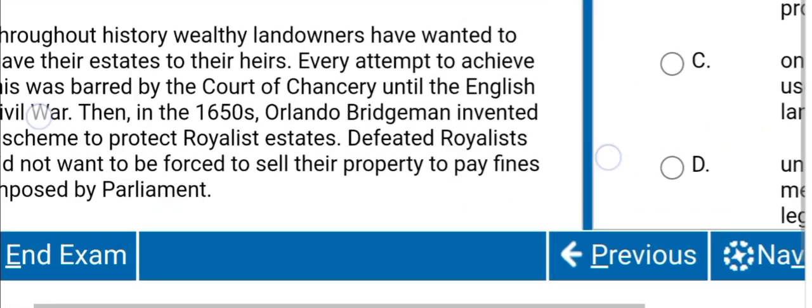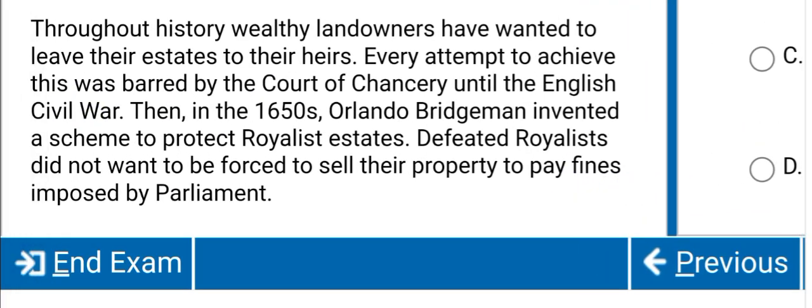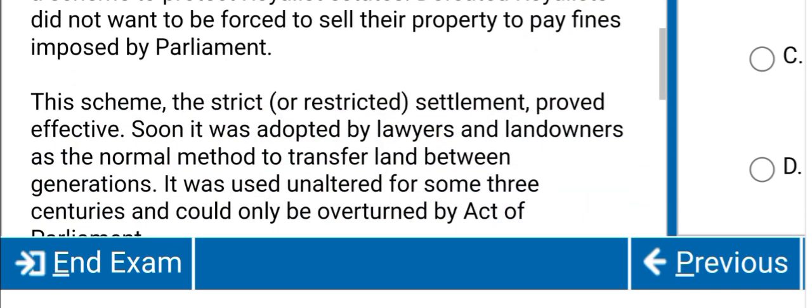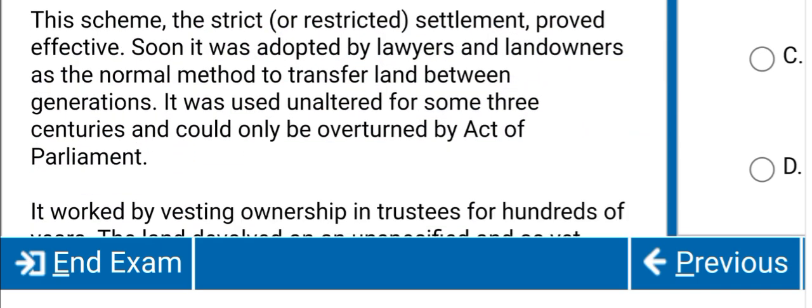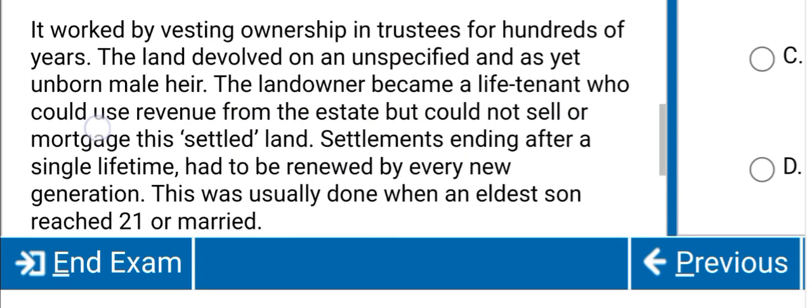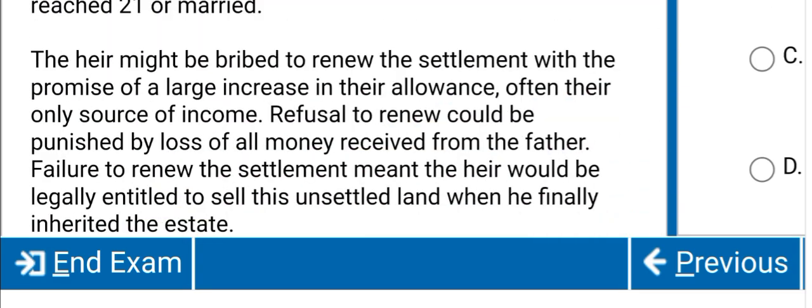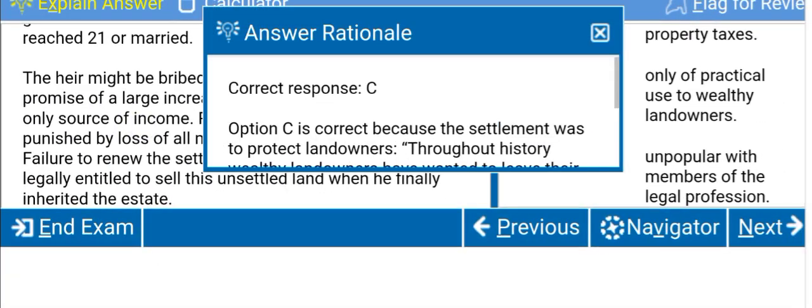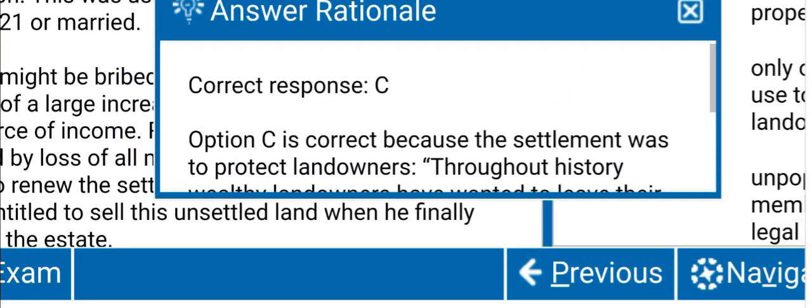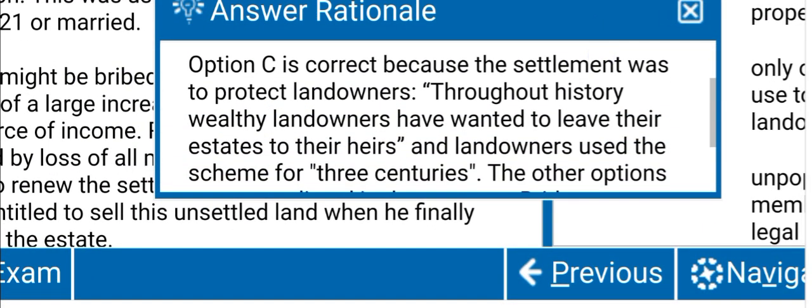So here we have now these passages. You guys can take a look and use your keywords to find your answers from these passages. Okay, so let's see which one is correct. Option C is correct because the settlement was to protect landowners.